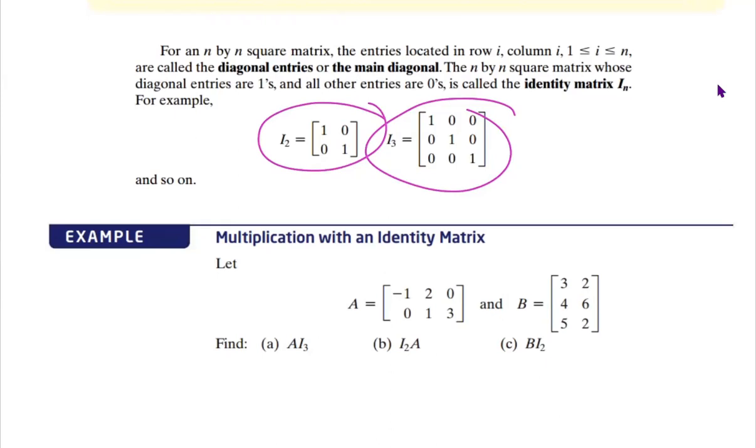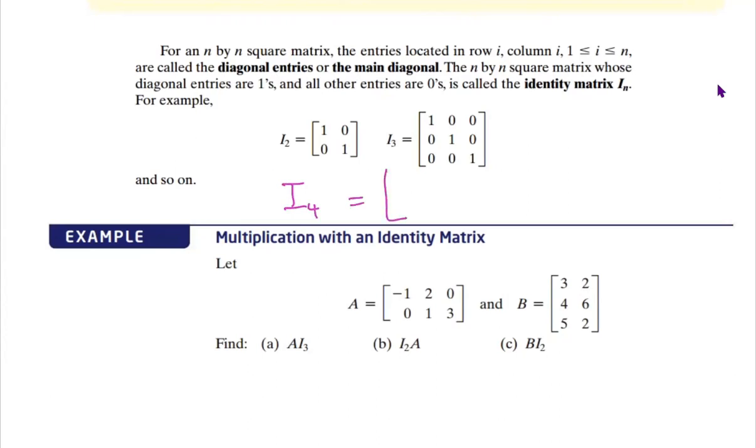I read in columns. I read in rows. And the identity I4 would be a 4 by 4 matrix.